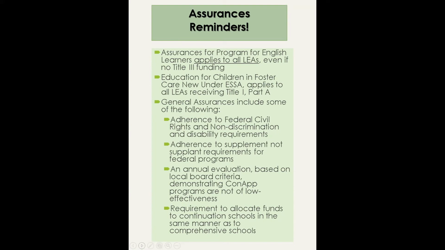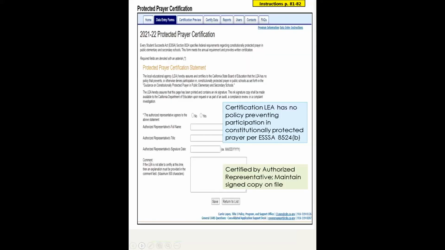That's something you're agreeing to when you sign, or your superintendent is agreeing to. There's another requirement to allocate funds to continuation schools in the same manner as comprehensive schools. In the past, some districts were skipping continuation schools or trying not to serve them, and you have to rank and serve those schools the same as you would other schools.